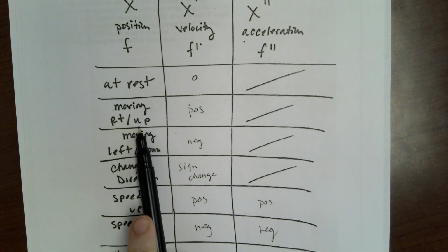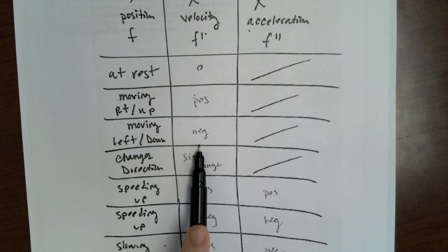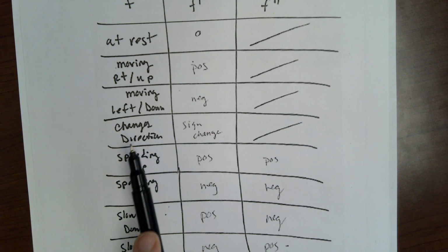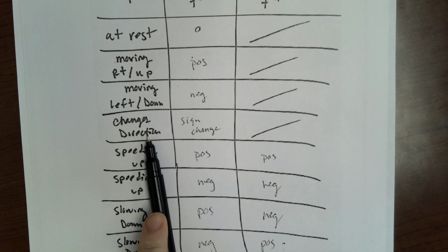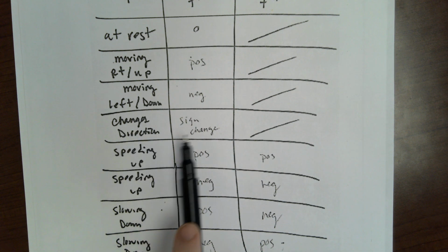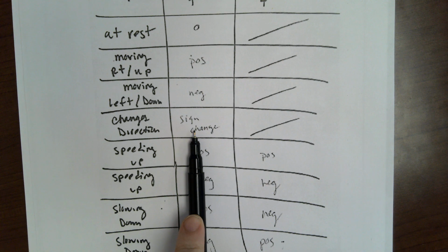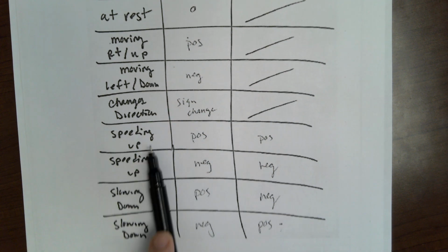So we'll be moving right or up if velocity is positive, down or left if velocity is negative. A particle changes direction, from moving right to left or up and down, if velocity has a sign change, from positive to negative or vice versa.